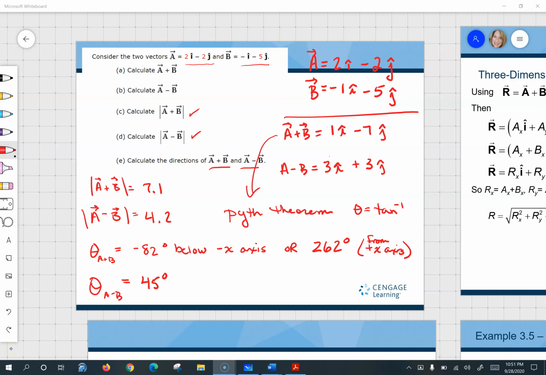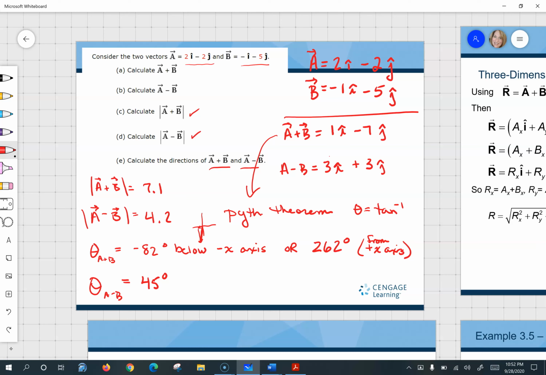Okay, so hopefully you got these answers for the magnitude. I just used the Pythagorean theorem using these components up here. And then our angle. Well, if you think back to where we drew this vector, if it has negative 1, negative 7, our resultant right here is going to be all the way down like that.